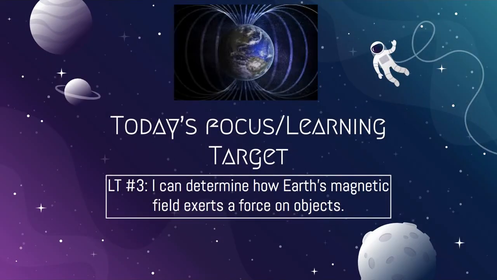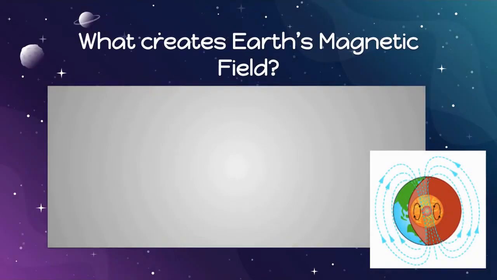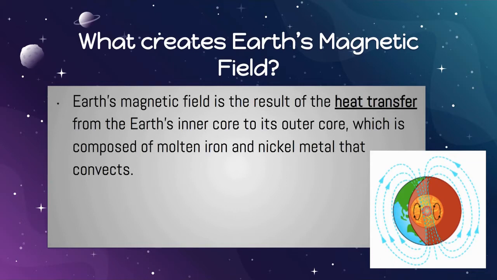So today's focus and learning target is learning target number 3, that you can determine how Earth's magnetic field exerts a force on objects. First off, we need to talk about how Earth has a magnetic field and what creates it. Earth's magnetic field is actually the result of the heat transfer from the Earth's inner core to its outer core, which, as you remember from Earth science earlier this year, is composed of molten iron and nickel metal that convects.